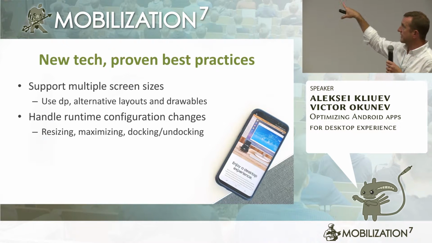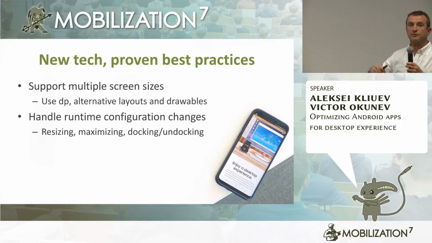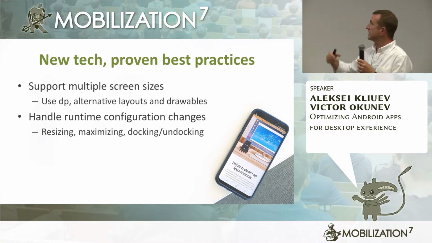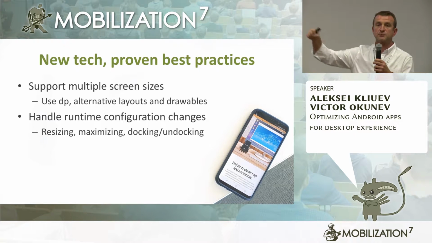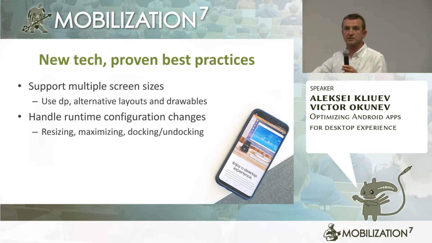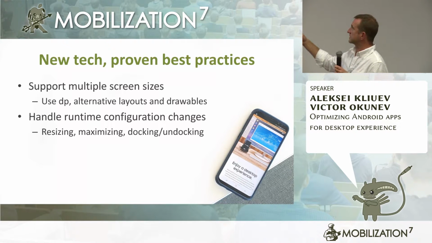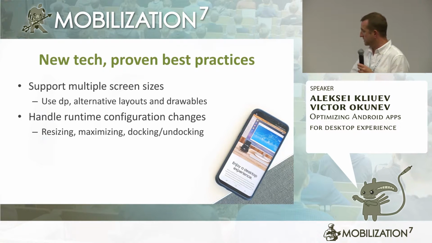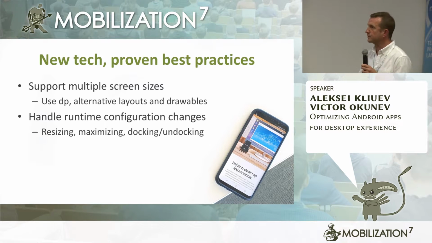Well, with DeX, with the desktop environment, you get a few more events that are counted as configuration changes. Specifically, every time you resize your activity, it goes through a configuration change, gets killed, restarted. When you maximize it, it gets killed, restarted. When you dock your phone to the DeX station, or take it out, your activity goes through the same cycle. Not when you minimize it, though. Think about the quiz, okay?